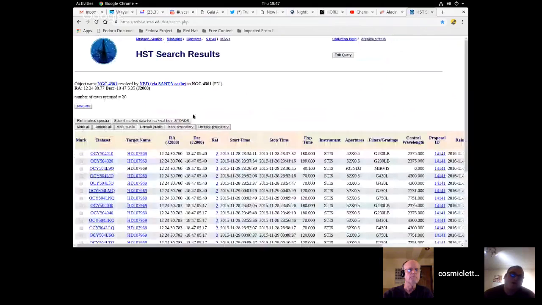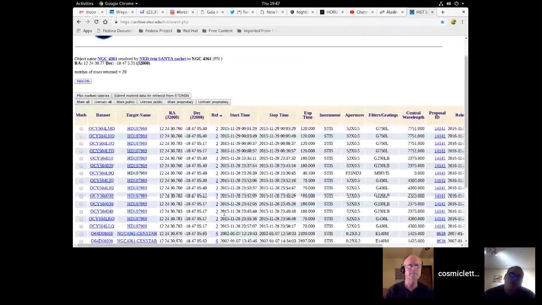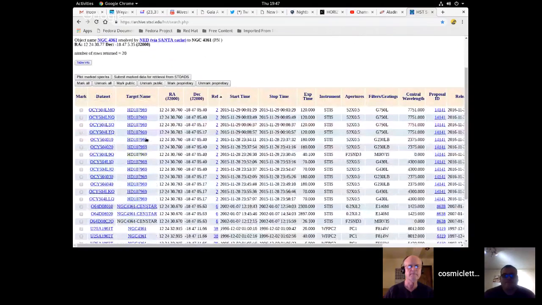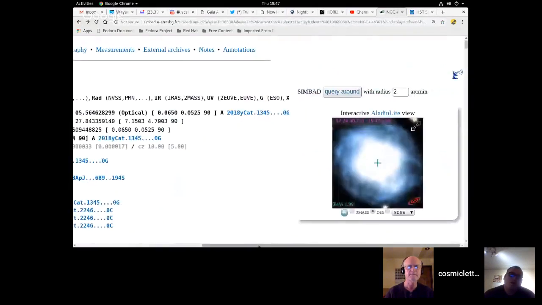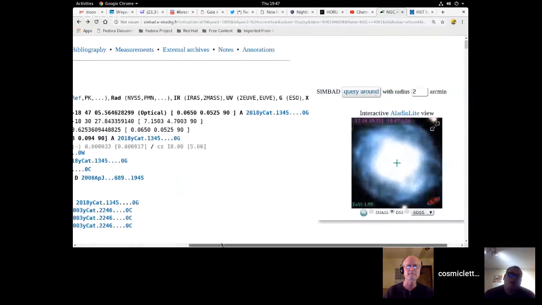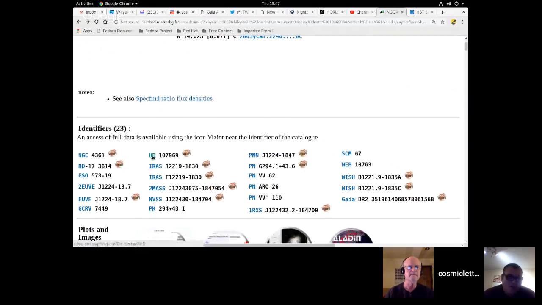It has been observed a little bit, not too many rows here, but a few. And they're talking about, this is actually the name of a star. I wonder if that's the central star, HD 107969. I don't know if Sinbad had anything to say about that or not. Probably not. Oh, yeah, there it is.